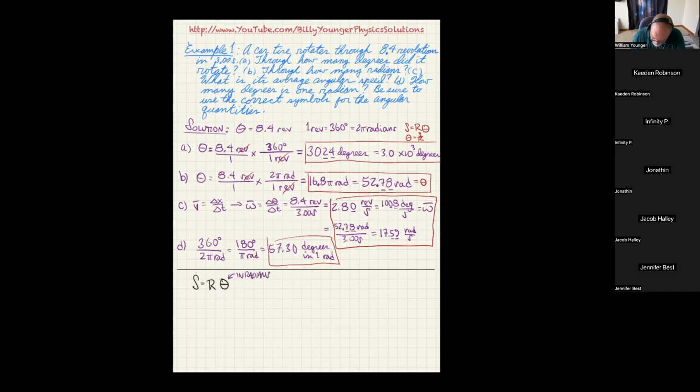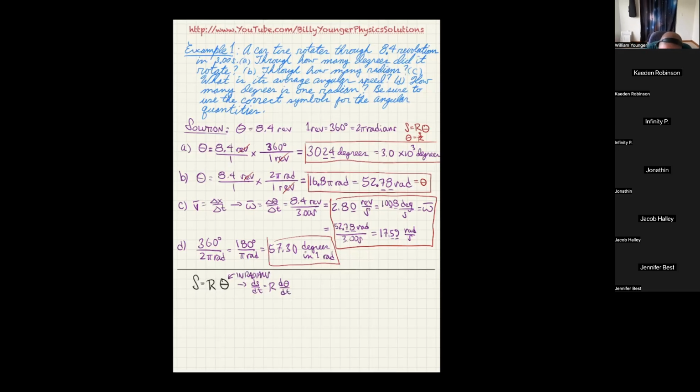Okay, but if you took the derivative of that, then you'd get ds over dt is equal to r, assuming it's in a circular orbit so that r doesn't change with time, times d theta over dt.